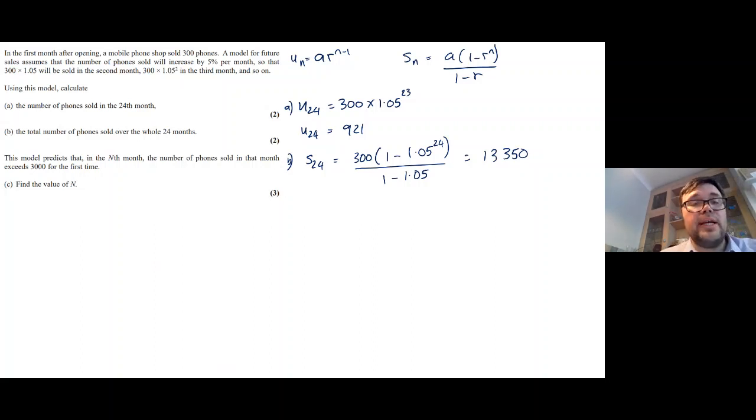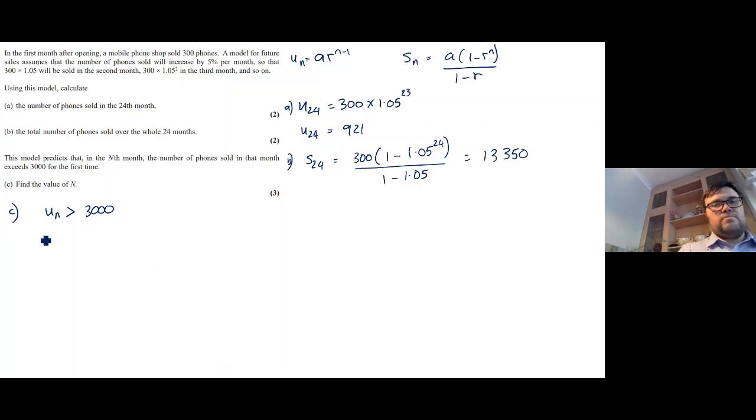The next question is a little bit more tricky and involves logs. In introducing the logs, this model predicts that in the nth month, the number of phones sold in that month exceeds 3,000 for the first time. So we have to find where it exceeds 3,000. How we would do this would be saying that Un is greater than 3000.